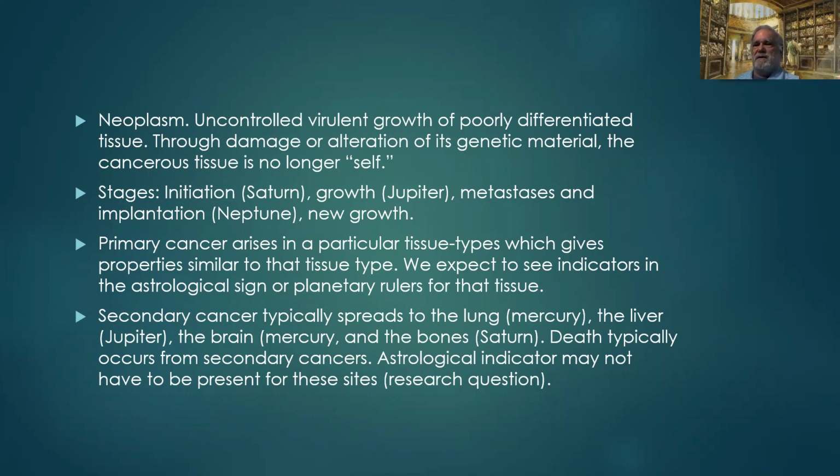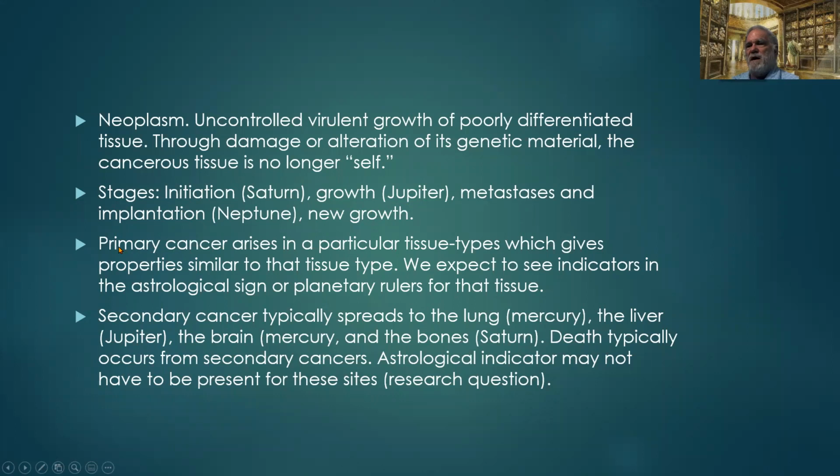So this is basically like an epidemic of cancer cells floating around your body. And if they land somewhere and start growing a new tumor there, that's called metastasis. So then you have growth again, right? Jupiter again.